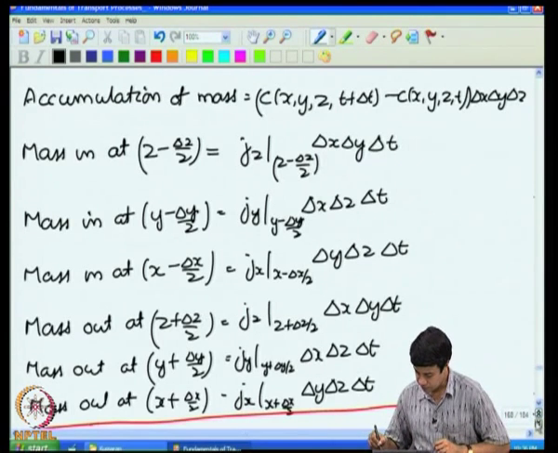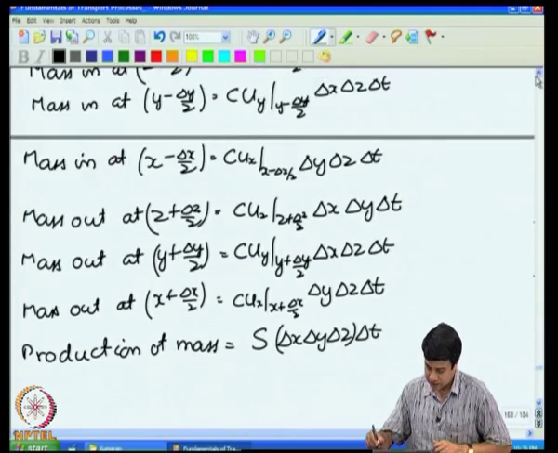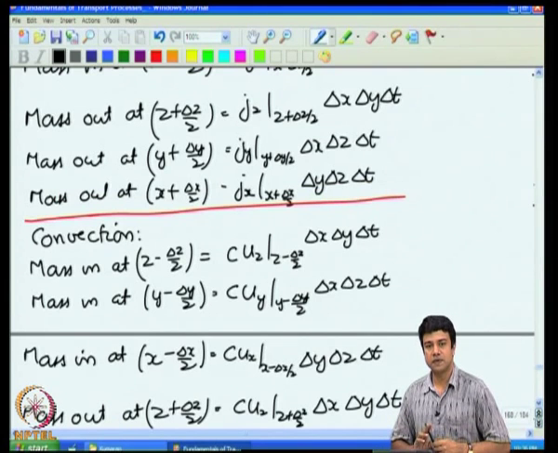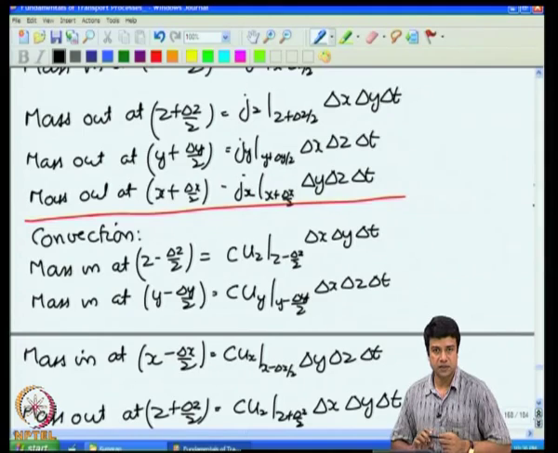That was the flux due to diffusion. Due to convection, you had very similar terms, except that instead of the flux J, you had the concentration times the velocity, c times uz, c times uy, and c times ux. Because of that, I can write down the expressions for just the fluxes alone, and for the terms due to convection, I just need to substitute C ux for Jx, C uy for Jy, and C uz for Jz.